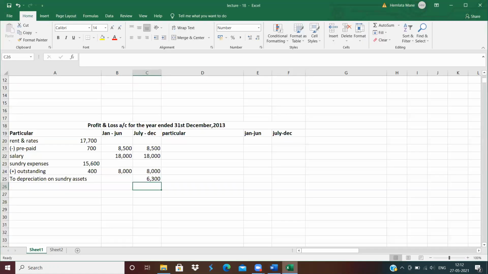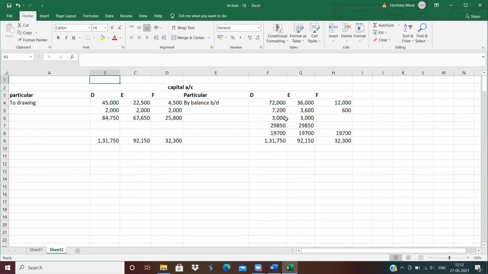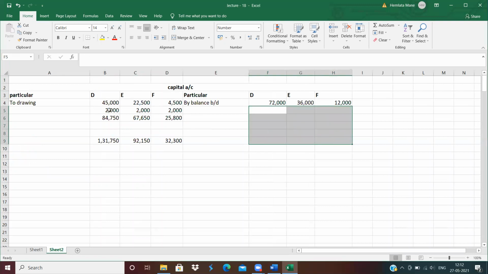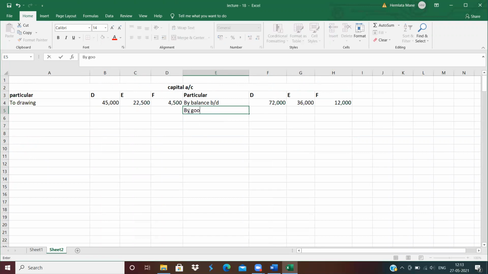At this time, what should we do when goodwill is not recorded in the balance sheet? First, goodwill should be distributed among these two partners. This is goodwill written off. How much? 6,000.